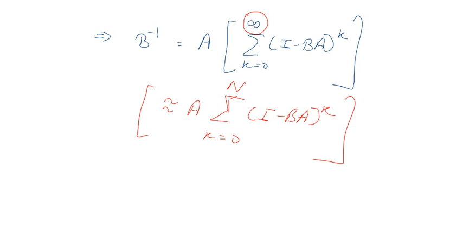So this is the process of iterative refinement. The process we have defined above converges as long as norm of I minus BA is less than 1.